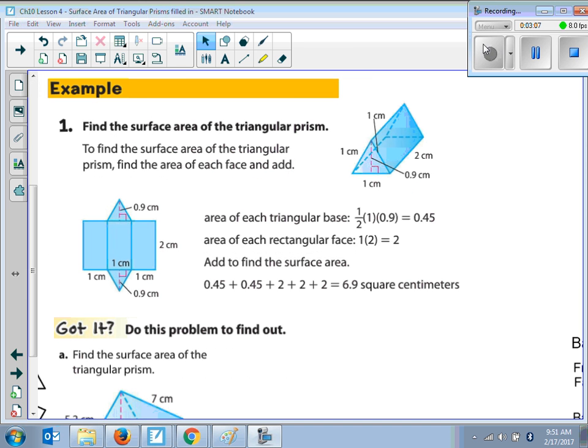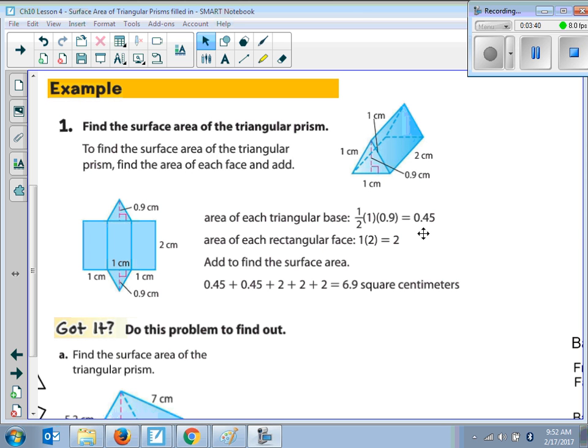All right, in the first example, example 1, it says find the surface area of the triangular prism. Now to find the surface area of this triangular prism, you want to find the area of each of the faces and add them. So the first thing we want to do is find the area of each triangular base. The formula is 1/2 base times height. So 1/2 times the base, which is 1, times the height, which is 9/10. You multiply that to get 0.45.